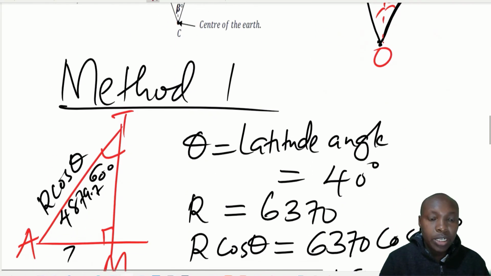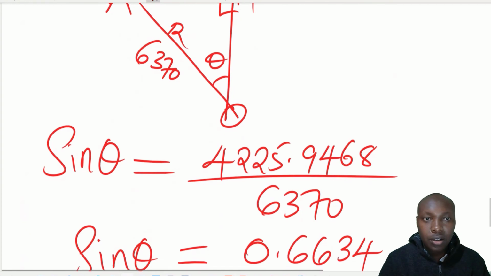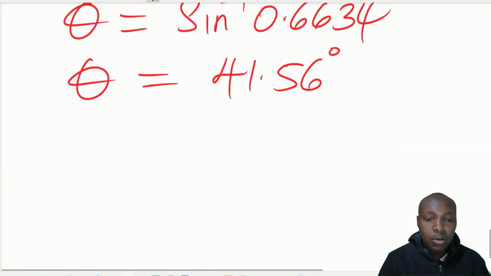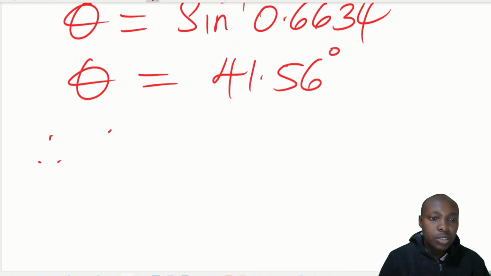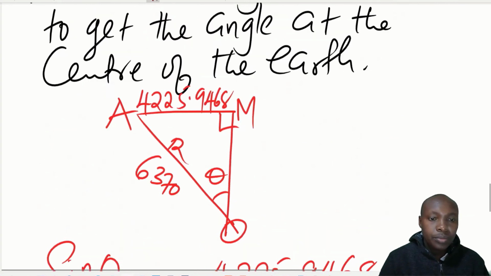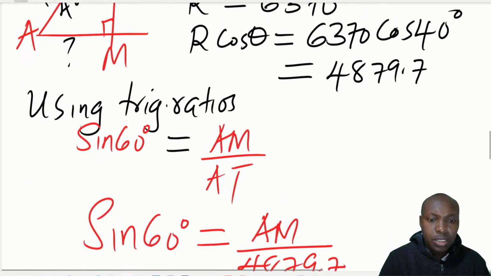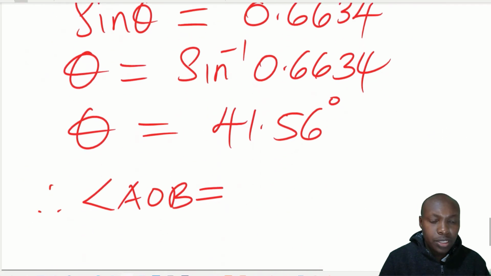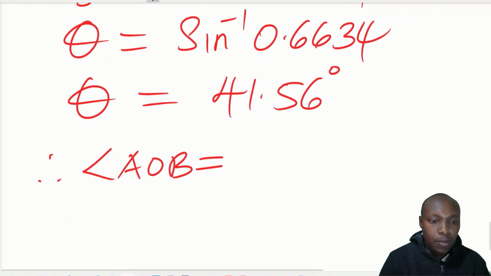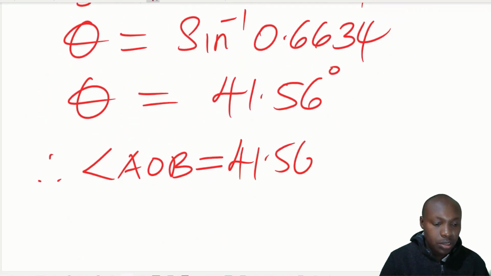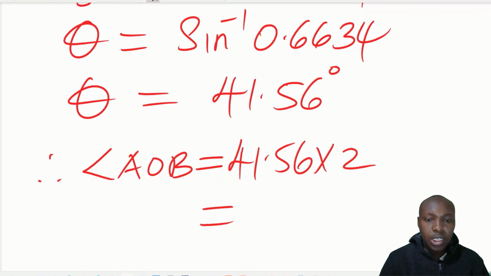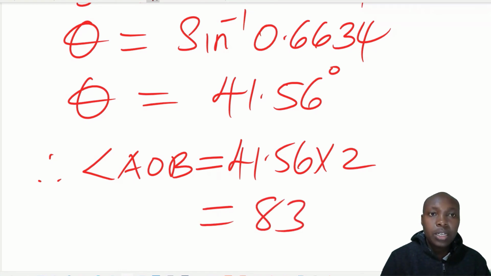To get the whole of that angle at the center of the earth, angle AOB, you can see it, AOB, that is 41.56 multiplied by 2, and that will give 83.12 degrees. Now we have obtained the angle at the center of the earth.